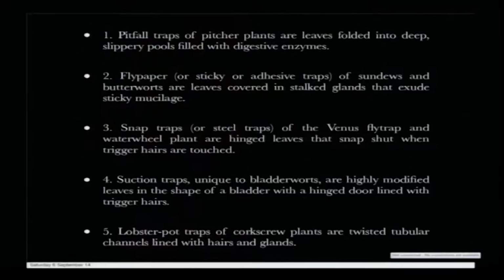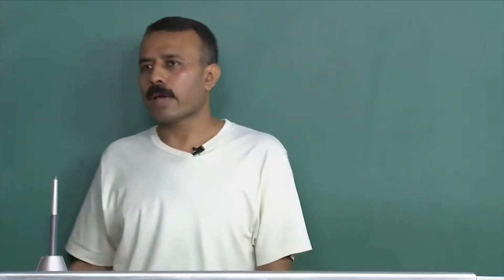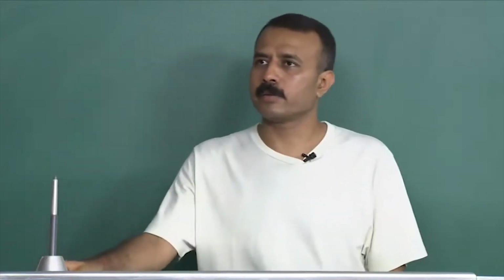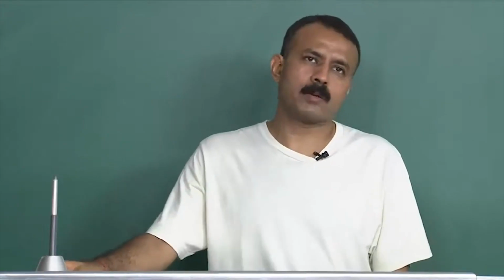Okay? So, if you again focus on this picture here, the first picture, it is very slippery. The pitfall traps or the pitcher plants are leaves folded into deep slippery pools filled with digestive enzymes. So, they contain a series of enzymes which have the ability to digest a small insect, which the plant does not produce unless it is needed. The plant depends on its own enzymes to break down the carbohydrates and so on.